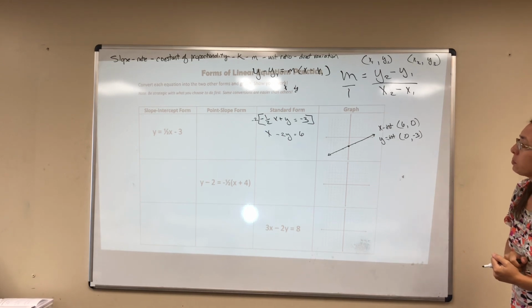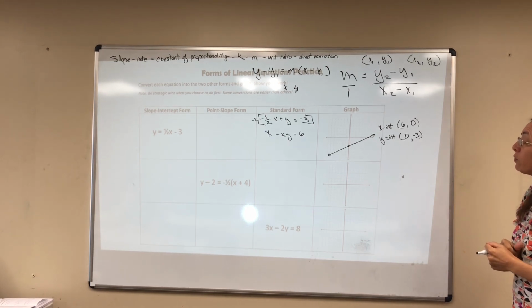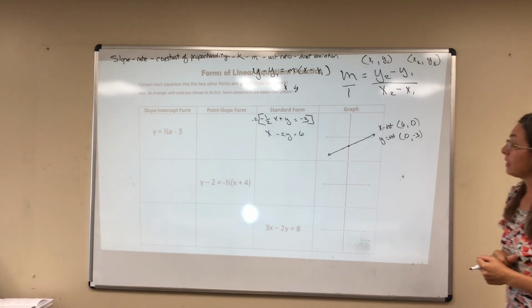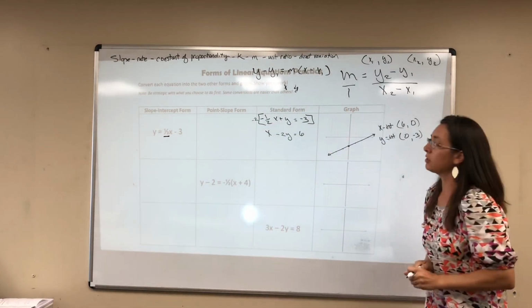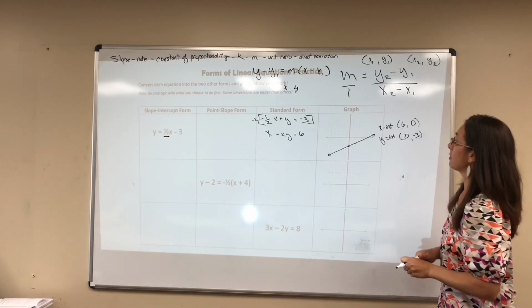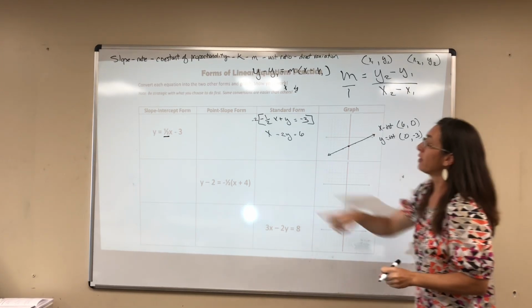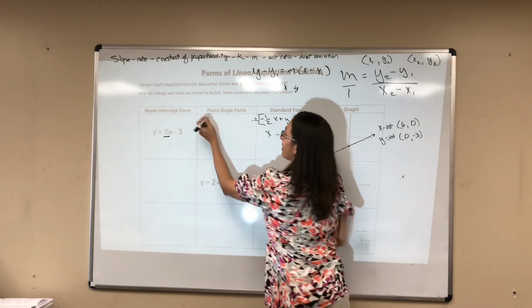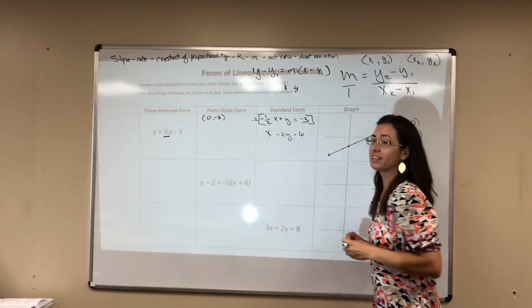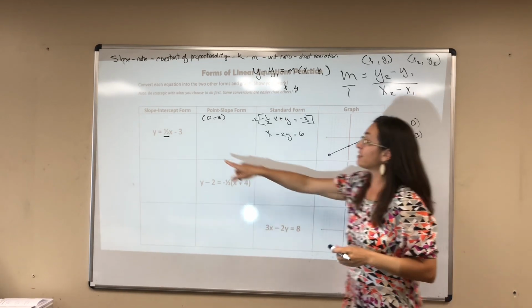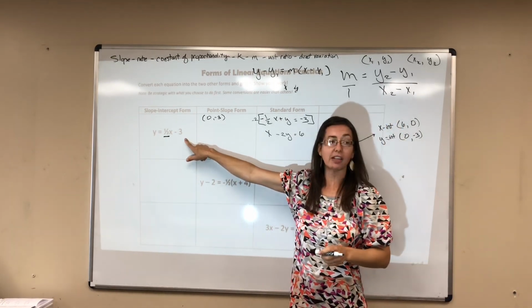Perfect. Standard form: x minus 2y equals 6. Okay. Point slope form for this is simply taking our slope that we have here and picking a point. Well, what point do we know exists here? Isn't 0, -3 a valid point?